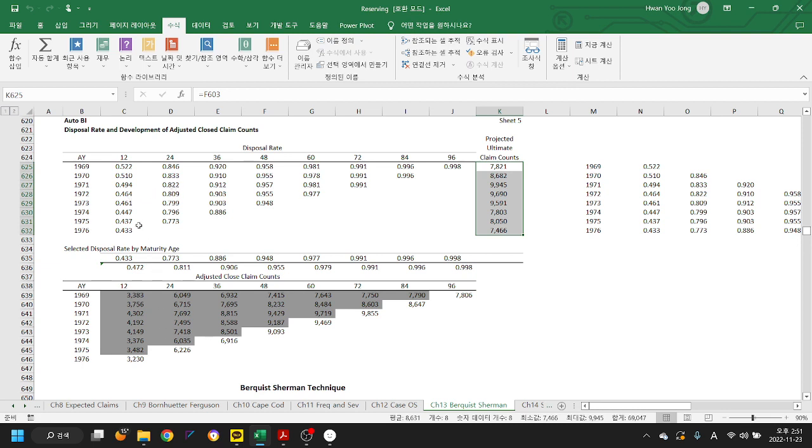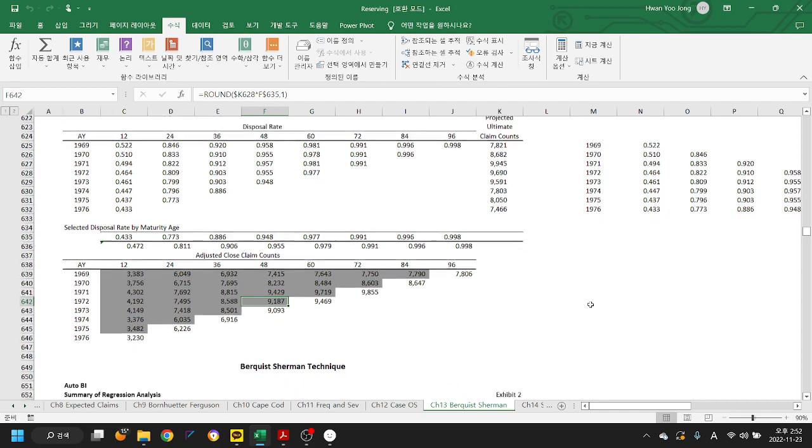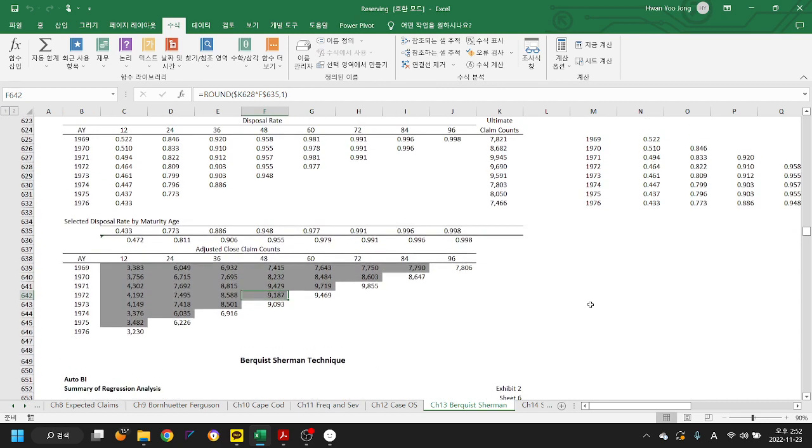And here I don't choose any average or anything. I just use the historical disposal rate against the claim count, and this is how I got the adjusted closed claim count, right?